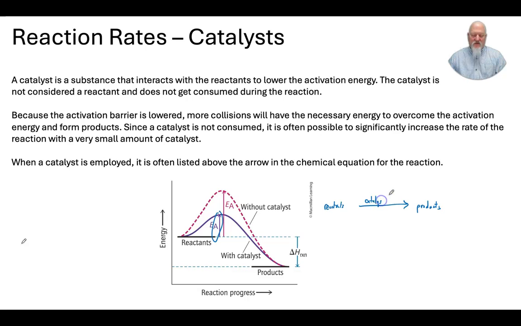In this, I'm just going to put catalyst, but when we use a catalyst, we put whatever that catalyst is on that arrow. Basically, that's showing it's neither a reactant nor a product, but there is a catalyst in there to help the reaction go faster.